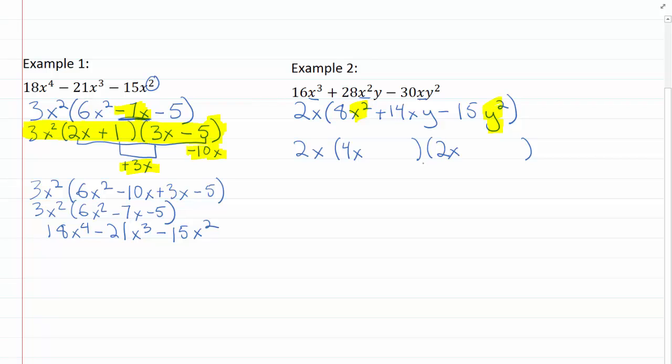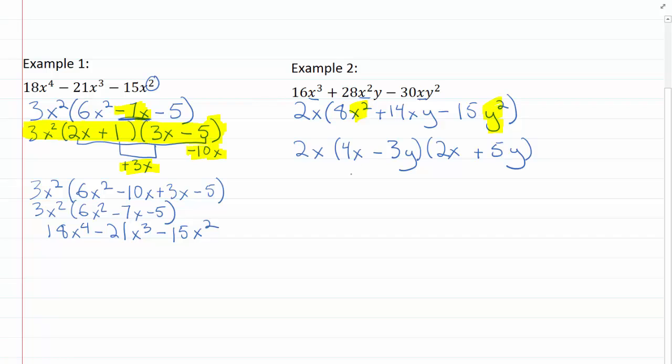Then we want something that multiplies together to give me this negative 15y squared. Let's try minus 3y plus 5y. Okay, so yeah, those two multiply together to give me the negative 15y squared.